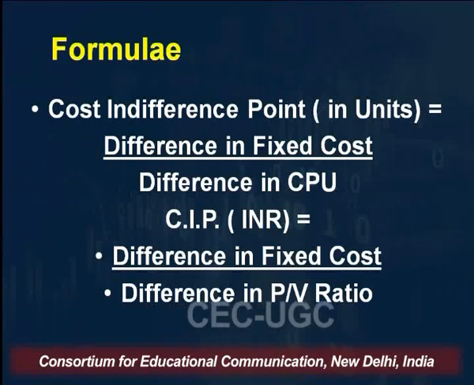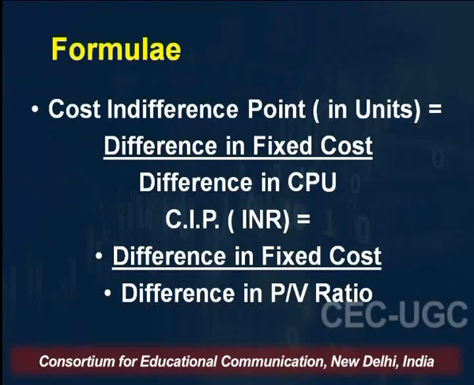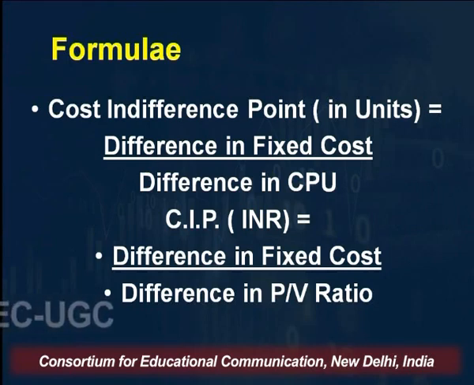But if you have to calculate the cost indifference point in terms of rupees, it is very simple. If you have computed units, simply multiply by selling price per unit, and you will find the value in rupees. Or alternatively, you can make use of the profit volume ratio, and here the formula differs slightly. Your numerator remains the same, difference in fixed cost, but it has to be divided by the difference in PV ratio. So you take two different PV ratios, and take the difference in fixed cost divided by the difference in PV ratio.